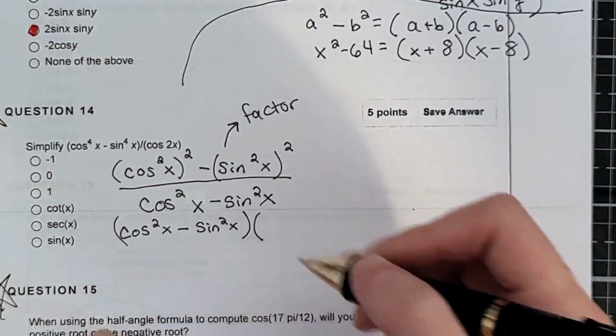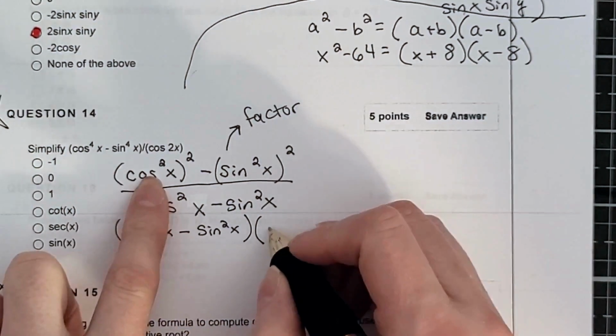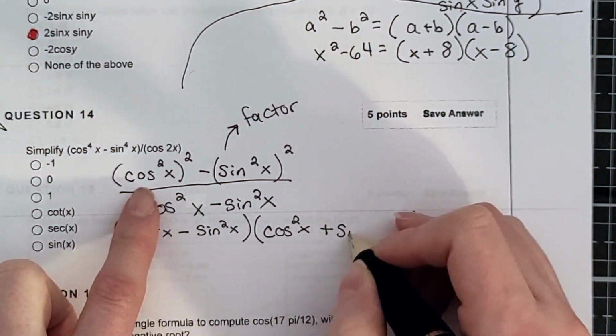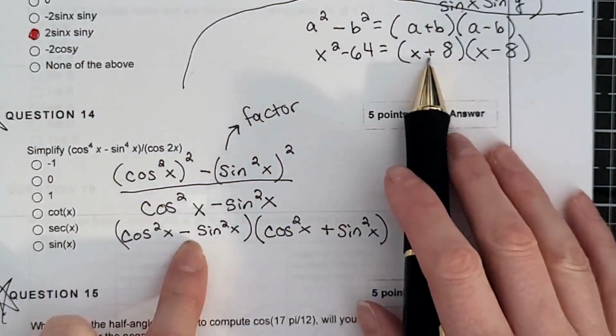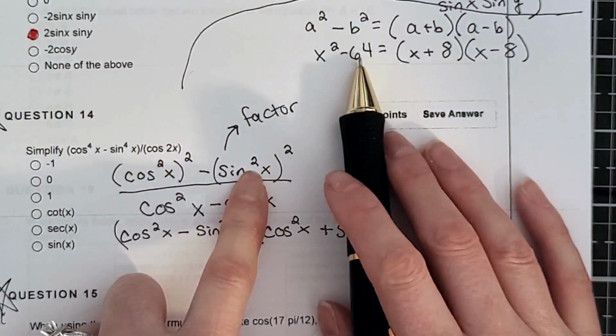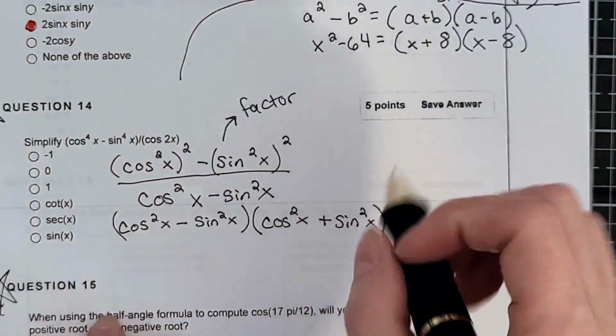Okay, the other one is going to be the exact same thing, but instead of a minus in between, it'll be a plus in between. So the square root of that would be cos squared x plus sine squared x. So this concept came from up here. Just think that this was your x, and your sine squared was kind of like your 64. So you square root both of that, and they give you just themselves.